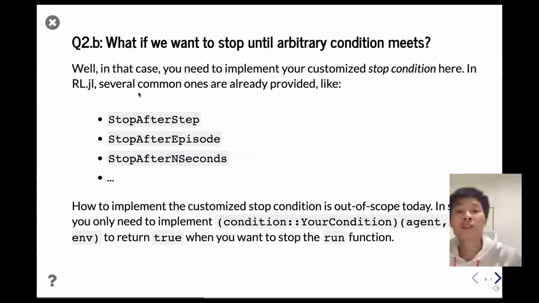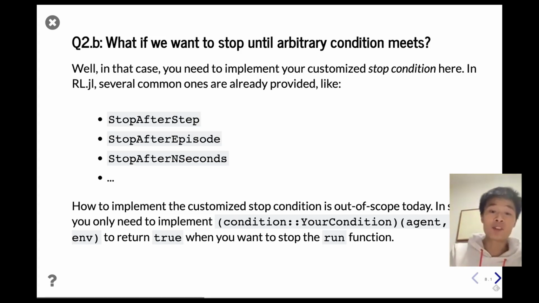But what if we want to stop when some arbitrary condition is met? Well, in that case, you need to implement your customized stop condition. However, in ReinforcementLearning.jl, several common ones are already provided, like stop after steps, stop after episodes, stop after n seconds, etc. How to implement these customized stop conditions is out of scope today, but in short, you only need to implement a condition that, given the agent and environment, returns true if you really want to stop the run function.